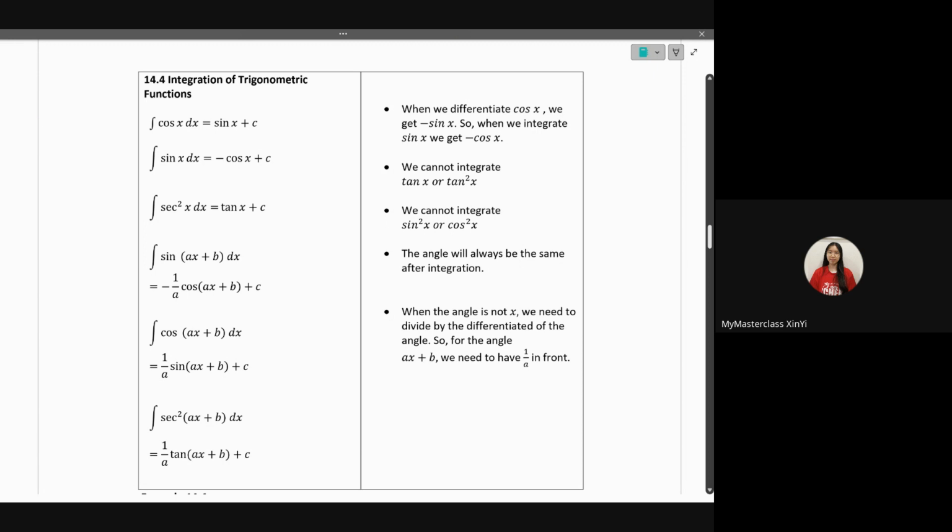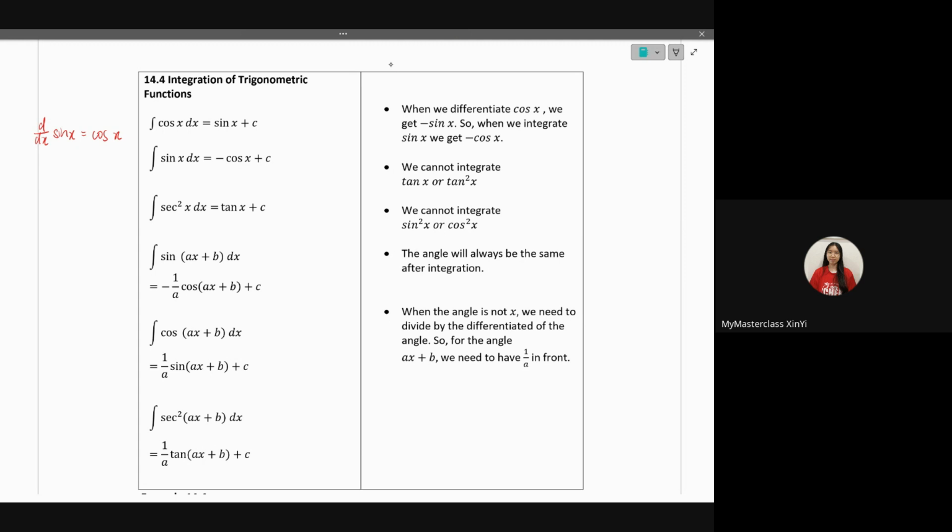So when we talk about differentiating, recall when we differentiate, say, sine x, we will get cosine x. So the reverse is also true.